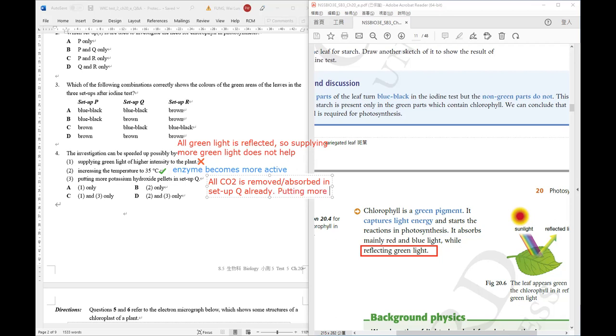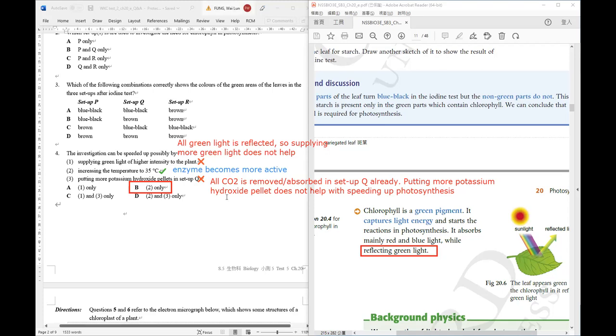Putting more potassium hydroxide pellet does not help with speeding up photosynthesis. Okay, so Q is also wrong. As a result, we say B is correct. Okay, only number 2.